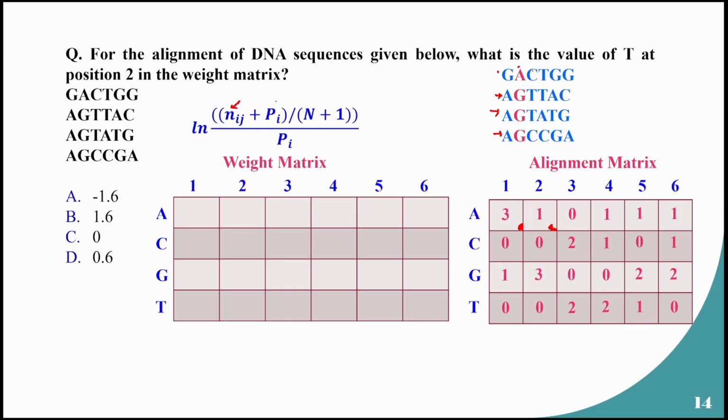Then you calculate a probability value for that. You divide by the total number n plus 1, and then you divide that by again the probability value. Can somebody quickly tell me what the value would be for T at position 2 using this formula only? Sir, can you explain the formula?